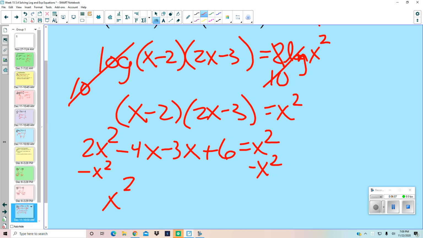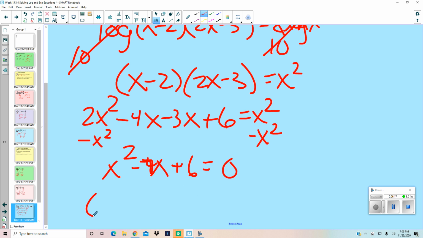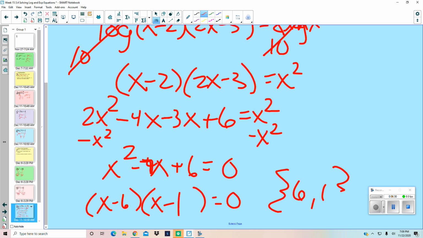So I get x squared minus 7x plus 6 equals 0. Now I can factor that. x minus 6, x minus 1. Multiplies to give positive 6, adds to give negative 7. So my two answers are going to be 6 and 1.